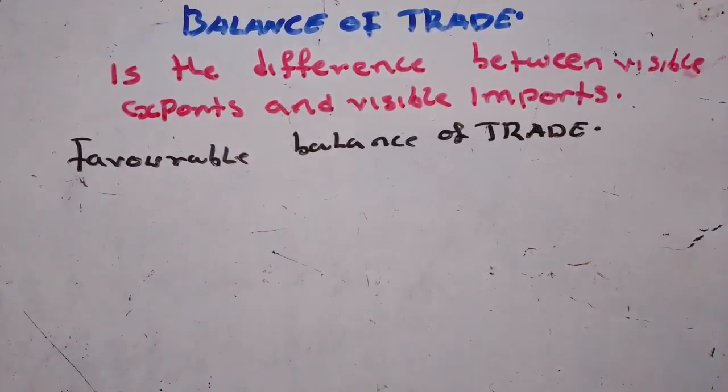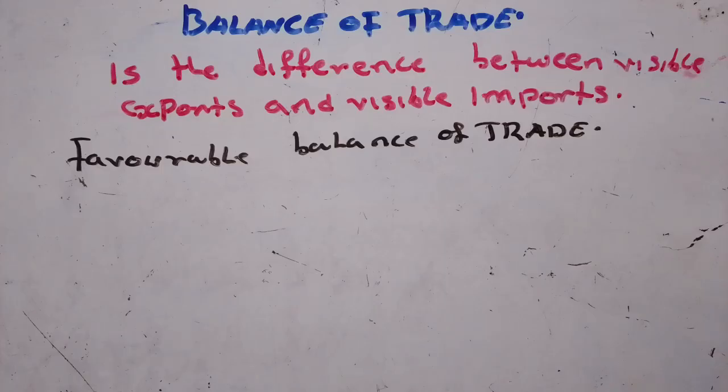So we have said that favorable balance of trade is when the export exceeds the visible import. So we can write this.